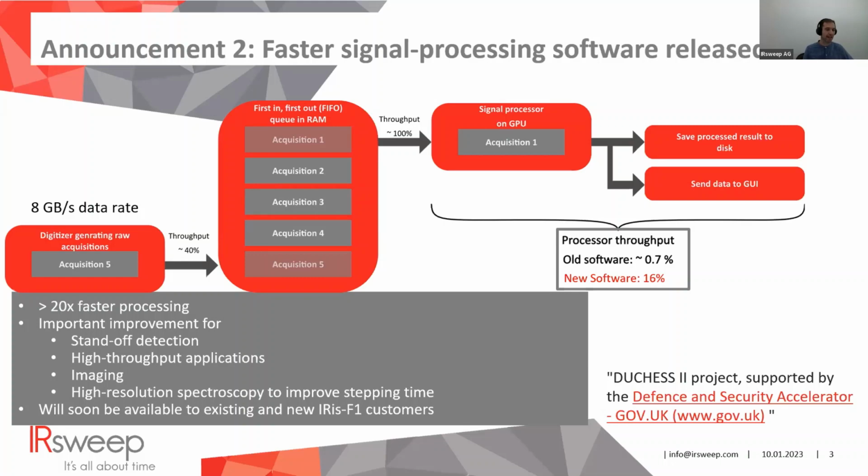Also for imaging applications where you do pixel by pixel imaging and you have to evaluate all this data, this is now much faster. And finally, and that also gets us to the topic of our talk today, also in high resolution spectroscopy, we do something that we call step sweeping, which means we have to do many measurements to get a complete high resolution spectrum. And this process just got much faster.